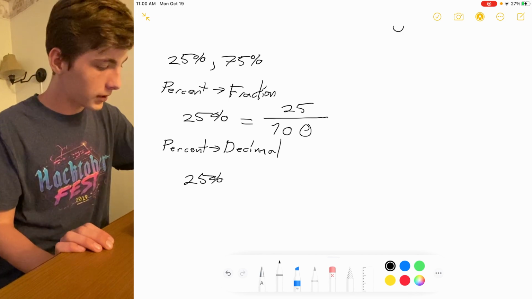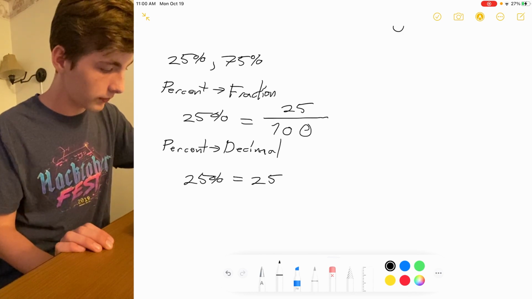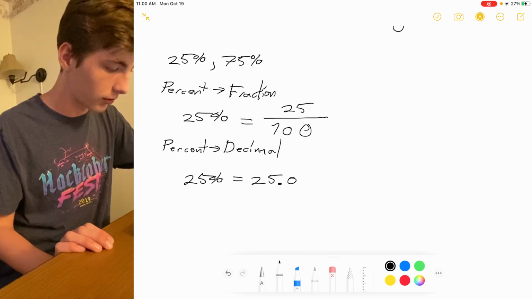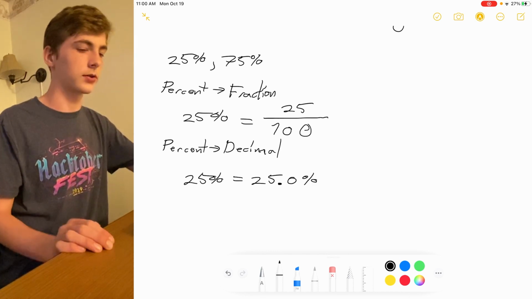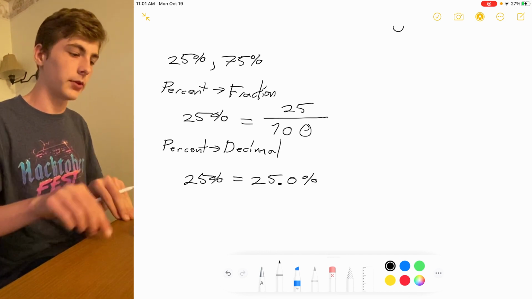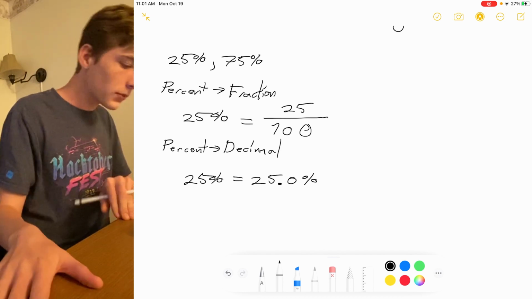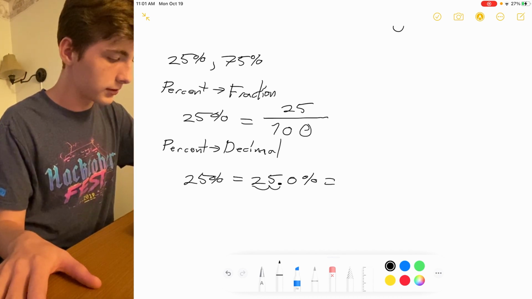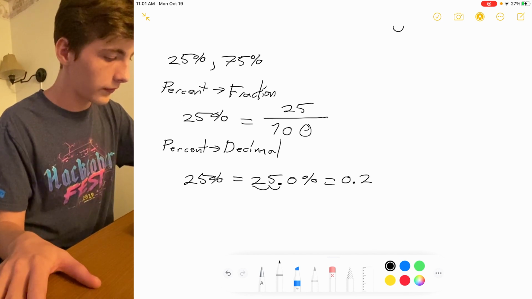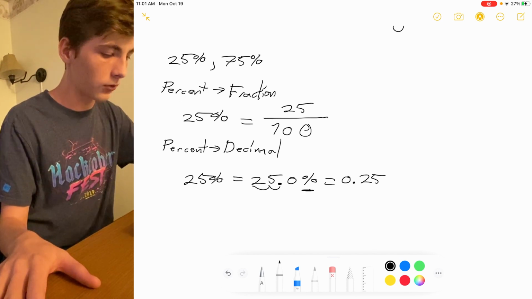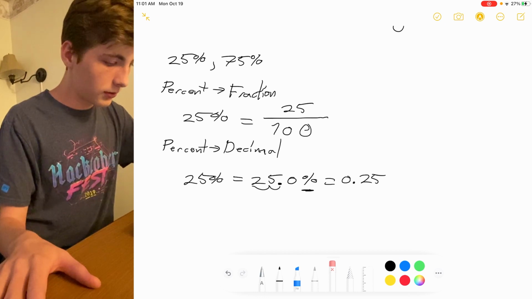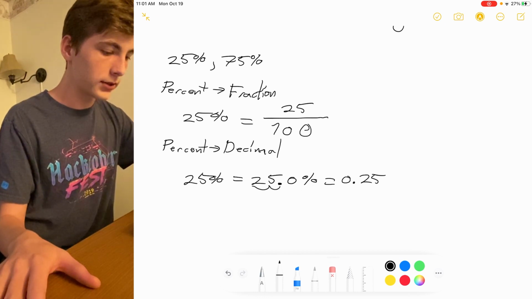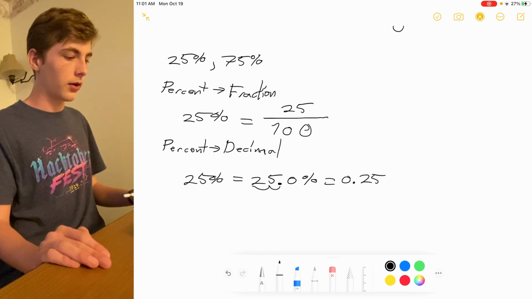So if you think of this as being the same thing as 25.0%, because remember, those zeros after a decimal place don't change the number at all, all we're going to do is move that 2 spaces to the left. So that's going to be 0.25, and then we're not going to write this percent anymore. So 25% is the same as 0.25 as a decimal.